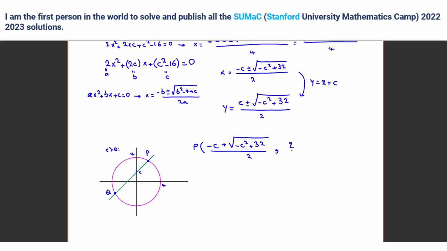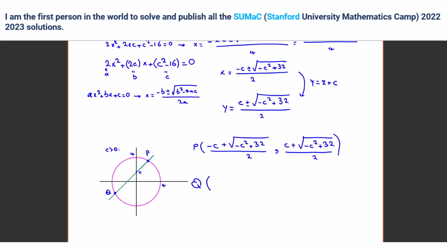It is c plus the square root of negative c squared plus 32, over 2. It is the coordinates of P.